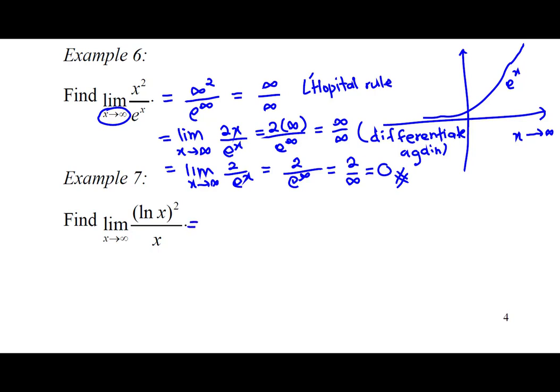Next, example 7. Find the limit as x approaches infinity of (ln x) squared divided by x. So (ln infinity) squared divided by infinity, and you get infinity divided by infinity.